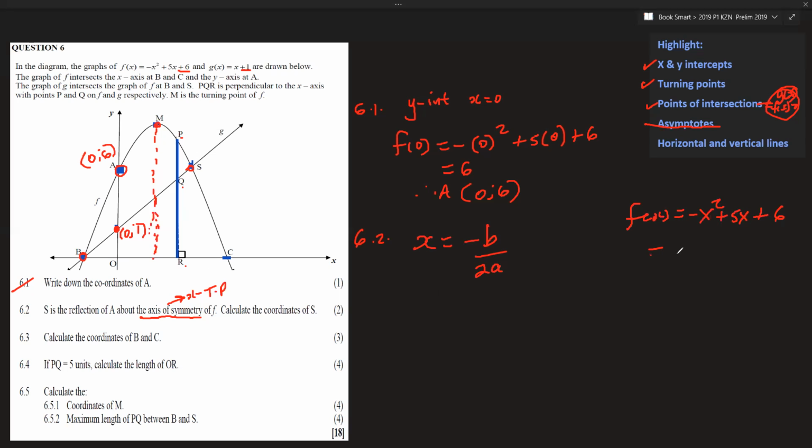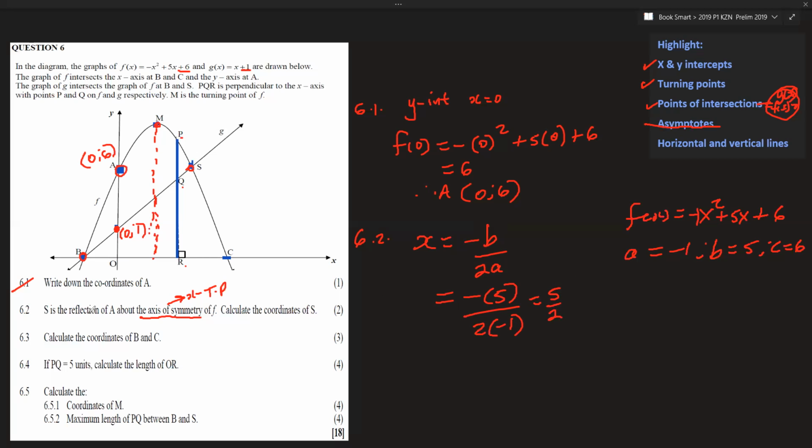My a equals negative 1, my b equals 5, and my c equals 6. So I can easily get the x value of the turning point now: negative 5 over 2 times negative 1, which gives me 5 over 2.